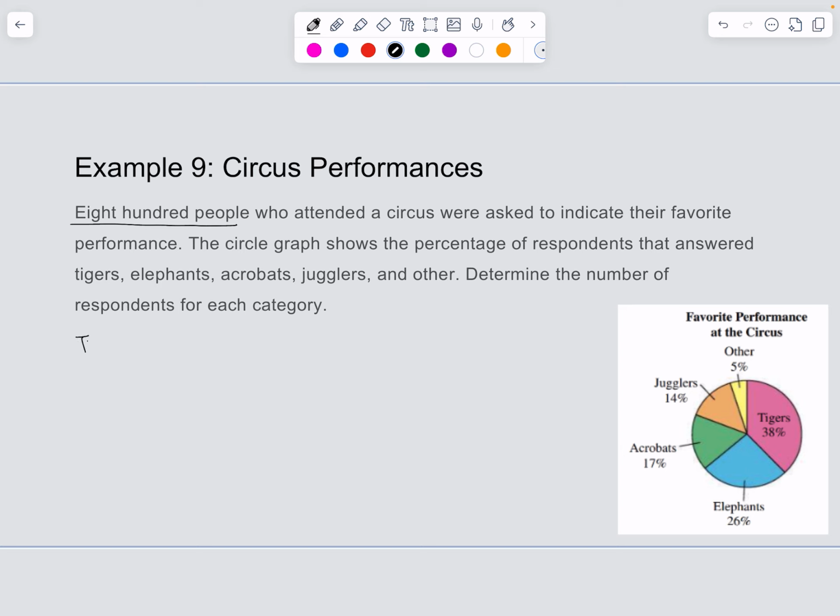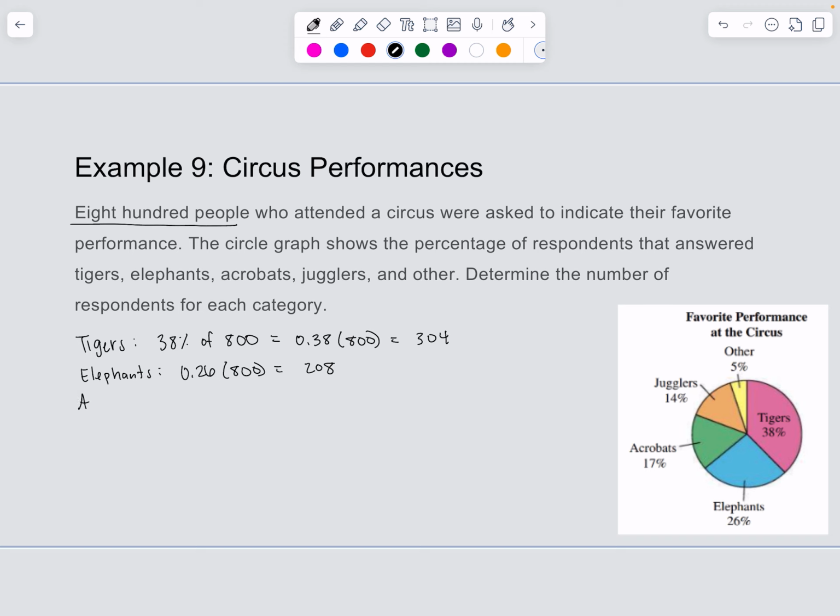If I start with the tigers, they were 38% of the 800 people. So we have 0.38 times 800, which tells us there were 304 people that loved the tigers. And we'll just go around the whole thing. Elephants: 0.26 times the 800. We get 208.